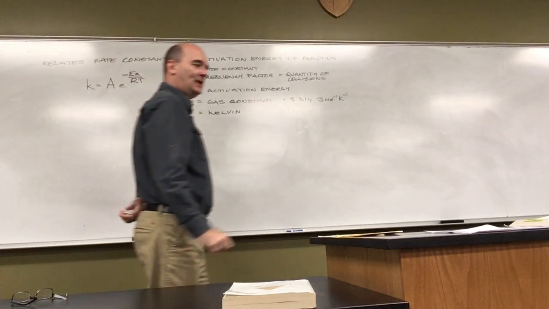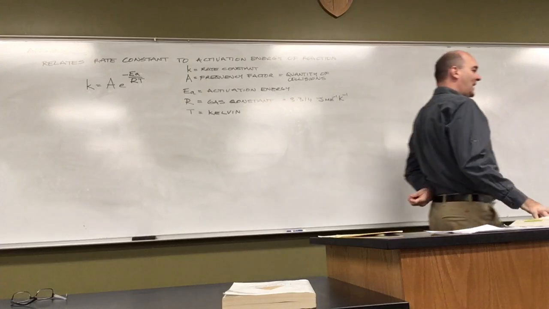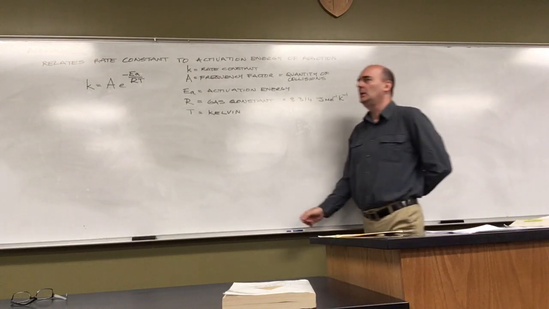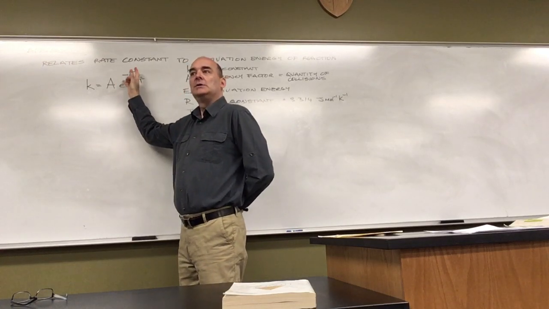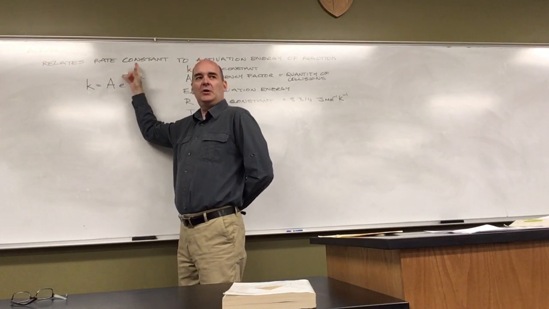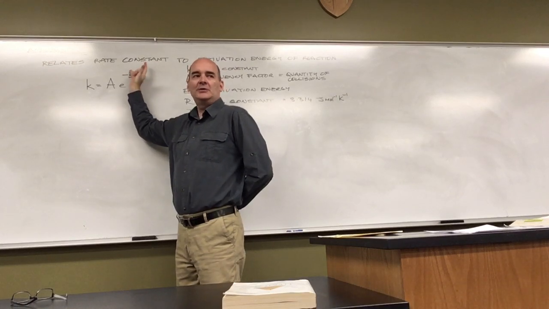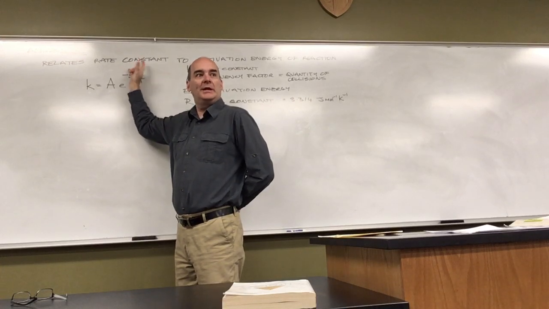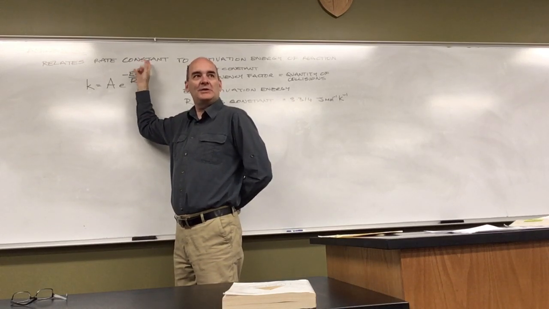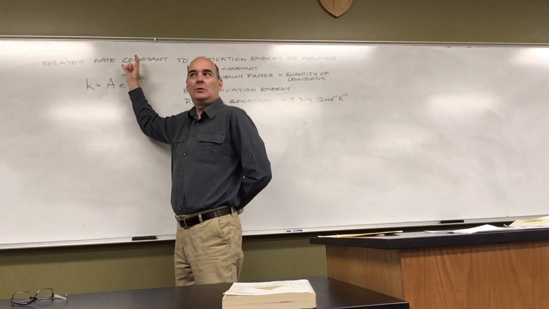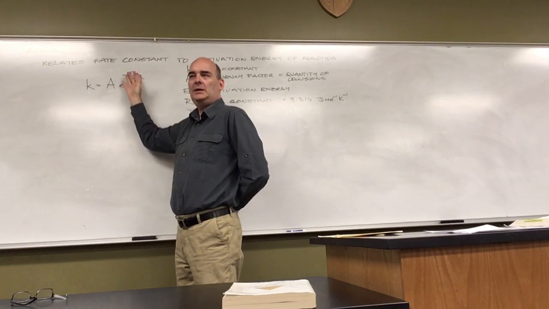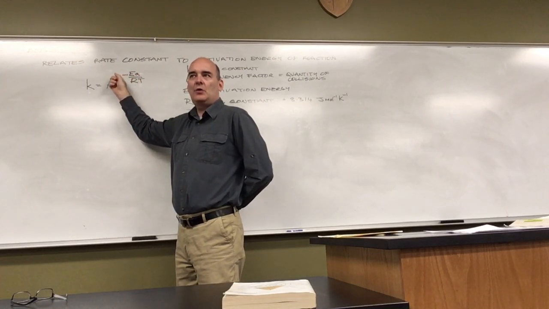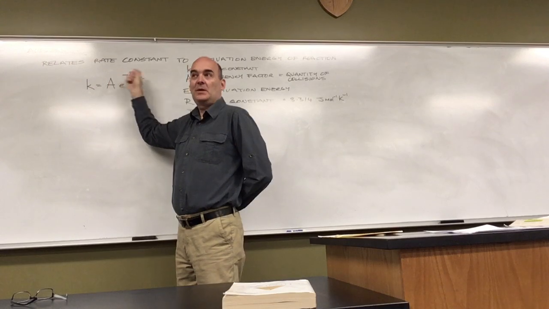I had a quick look through the textbook, and the text seems to be completely hung up. Whoever wrote the book seems really concerned with finding activation energy, which is not my interest at all. My interest is more real world: I can relate rate through its rate constant to temperature.